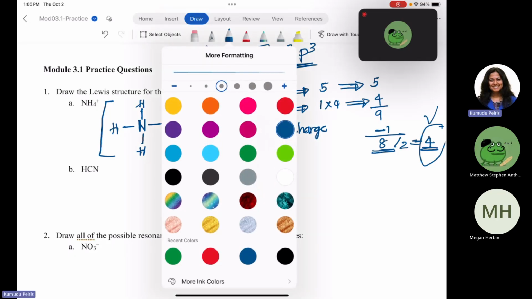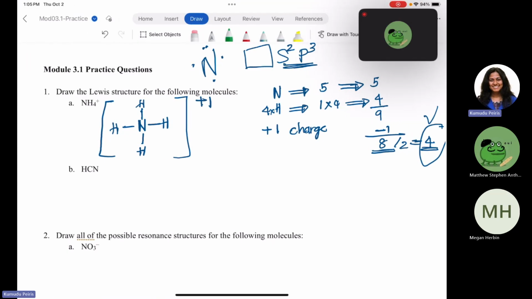Next one. Let me get a different color for that. Now I have HCN. How many valence electrons does H give? 1, and there is only 1 hydrogen, so I have 1. Carbon, how many valence electrons? 4, and there is only 1 carbon. Nitrogen has 5 valence electrons.